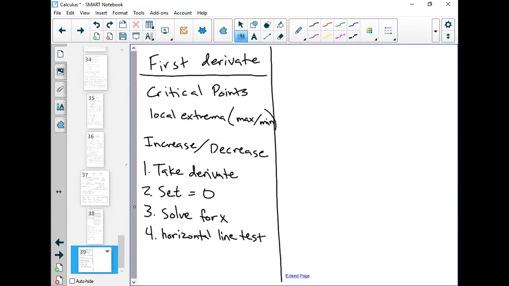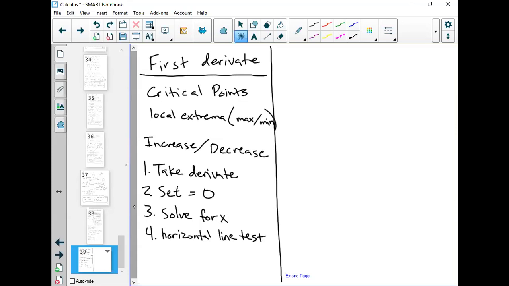And then once you put those values on a horizontal line test, you can tell if the critical points are maxes or mins or neither. You can determine all of your intervals, whether the function is increasing or decreasing, and you'll know where the x value is for those things.